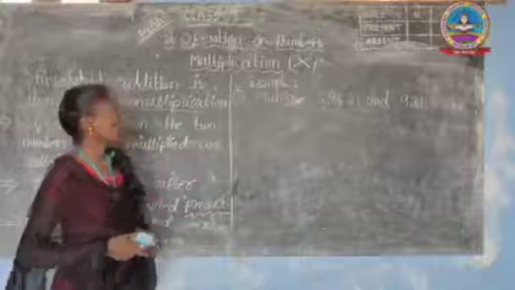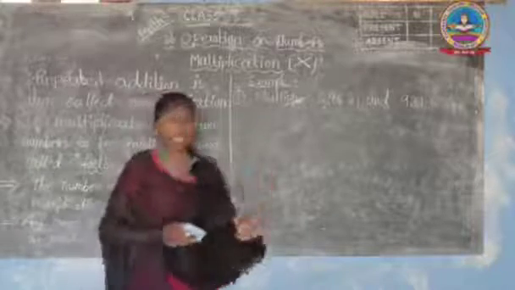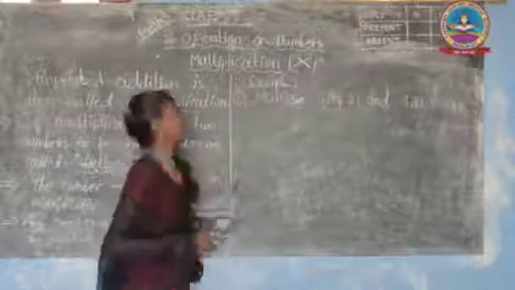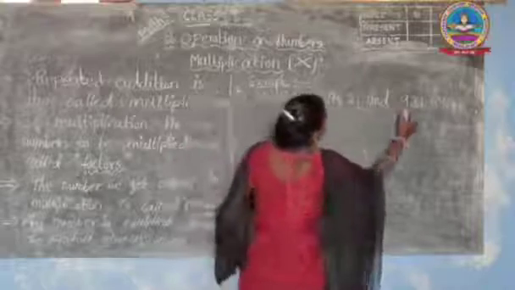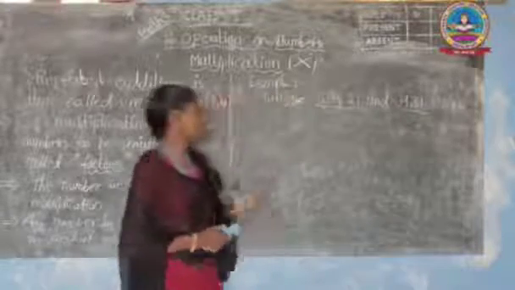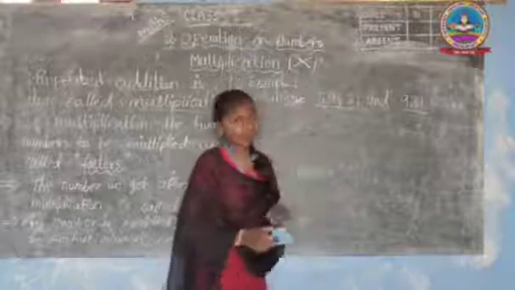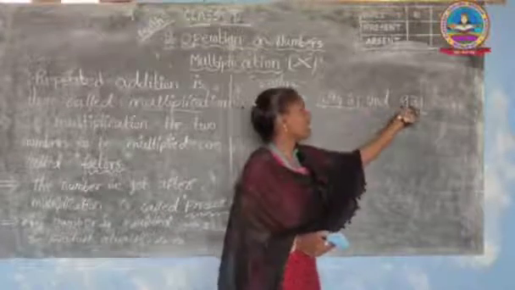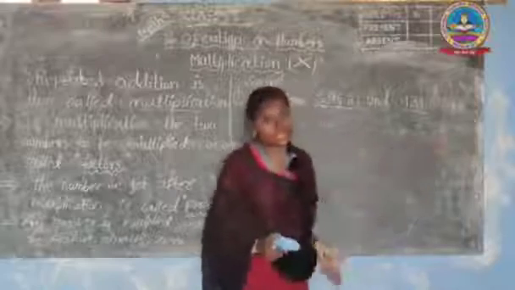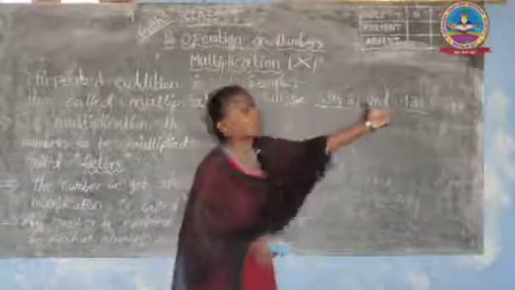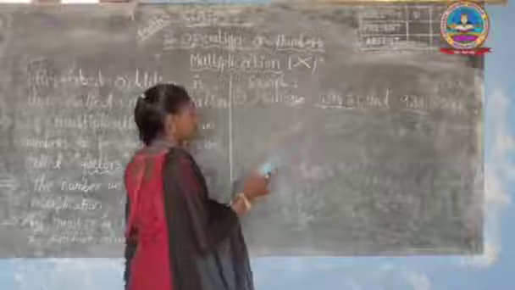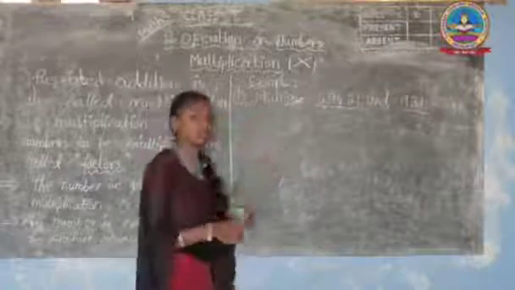Now let us see how to multiply a given number by a 3-digit number. We have two numbers: the first is 29,421 and the second is 931. These two are factors. Let's multiply the two numbers.